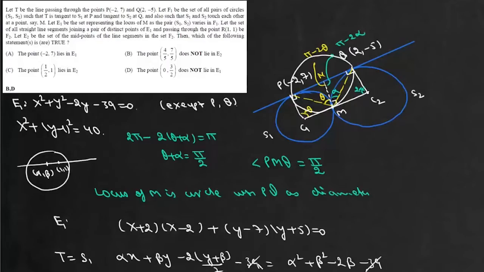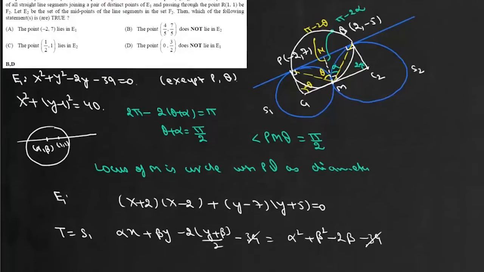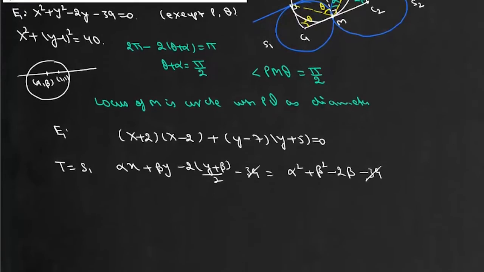Now this minus 39 will cancel. And this chord passes through 1, 1. So we'll put x as 1 and y as 1. So we'll get alpha plus beta minus 1 minus beta, equal to alpha square plus beta square minus 2 beta.